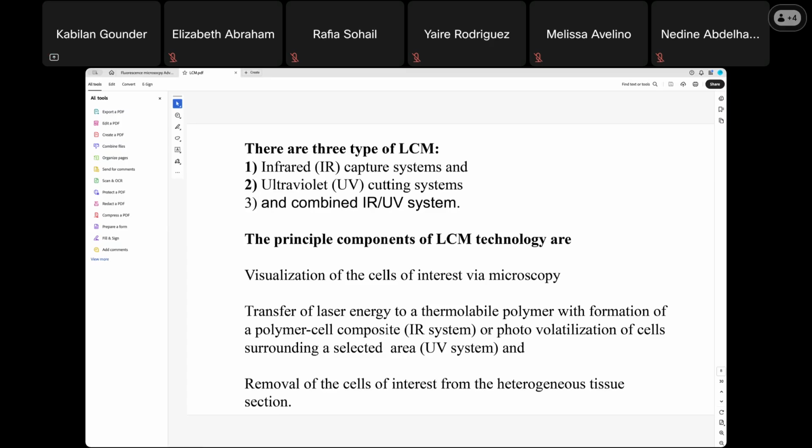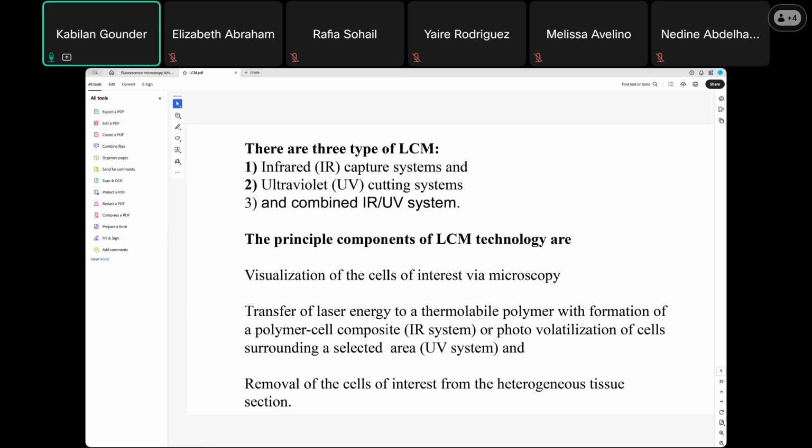The transfer of laser energy to a thermolabile polymer, with the formation of a polymer-cell composite, is used if you are using infrared. Photovolatilization of the cells surrounding a selected area is used if you use the ultraviolet or UV cutting system.